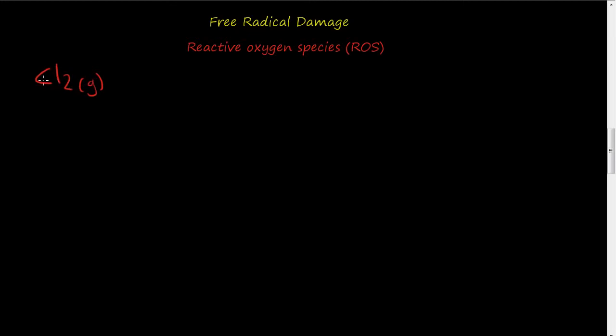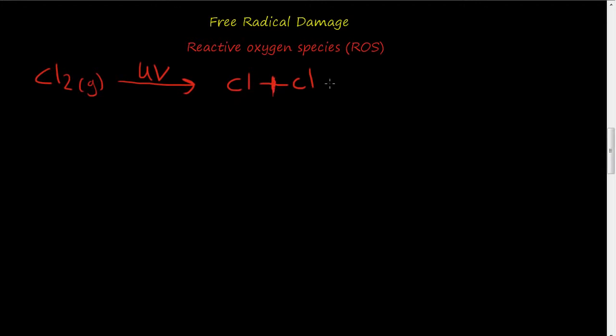So there's chlorine gas, and there's two of them, connected together. And then if you react it with UV light, so you shine UV light on this chlorine gas, you have chlorine and chlorine. What will happen is the UV light will break this bond right here.